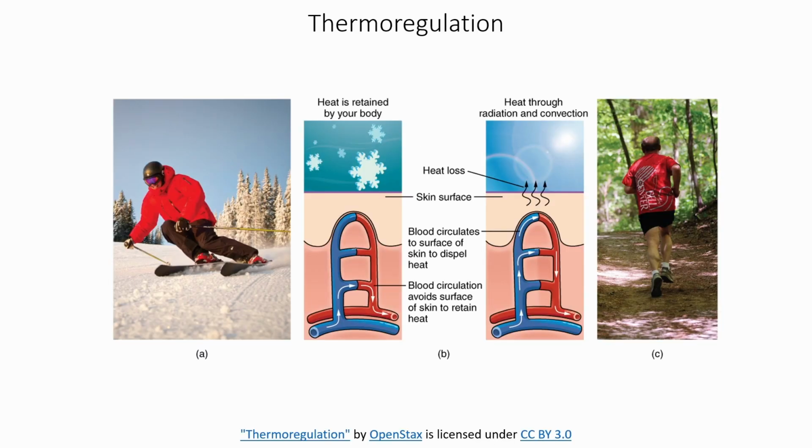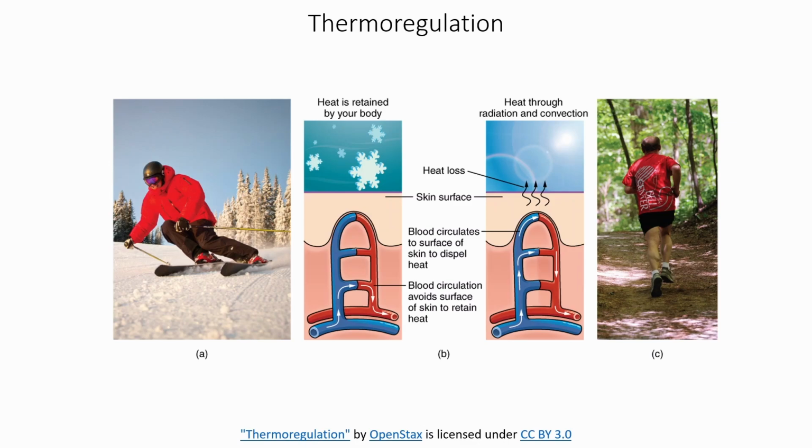So here we are with that. This is what I mean when we're talking about how we redistribute body heat. We have these blood vessels that you can see have levels. They can be deeper, or blood can flow up closer to the surface of the skin. If it's really cold out, we want to keep that heat as deep as we can to keep all the important bits going.